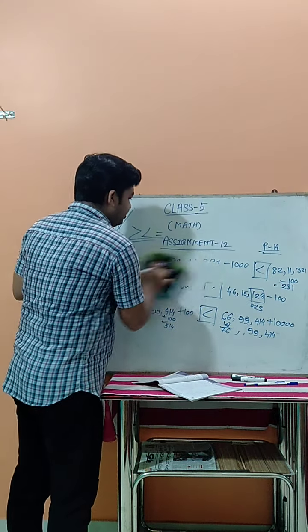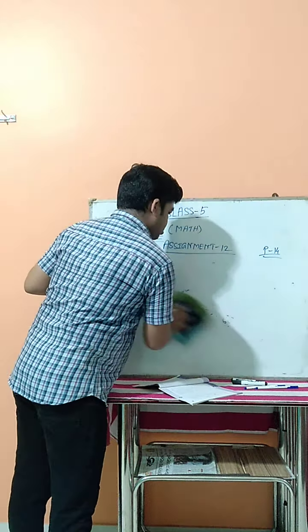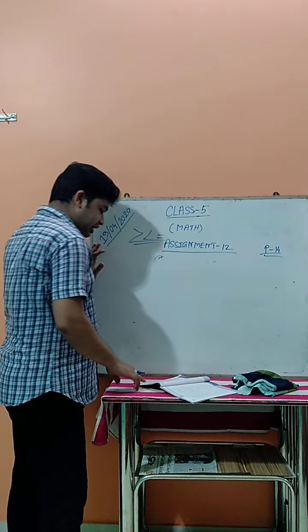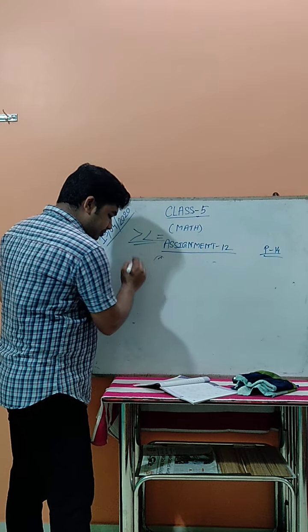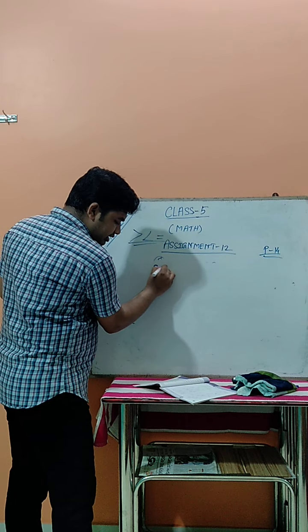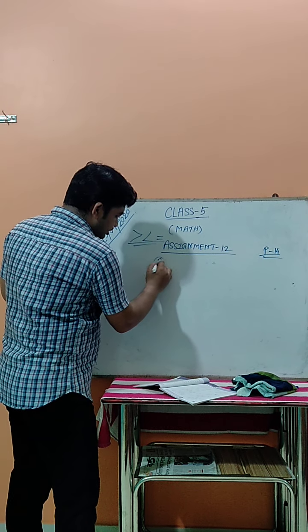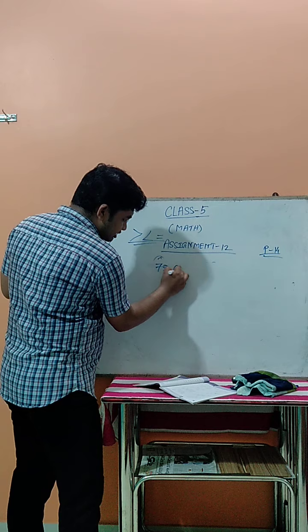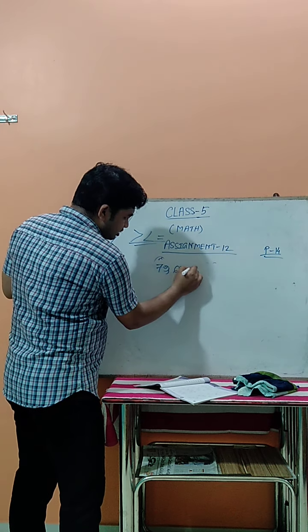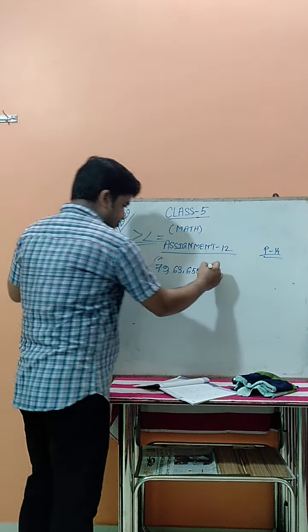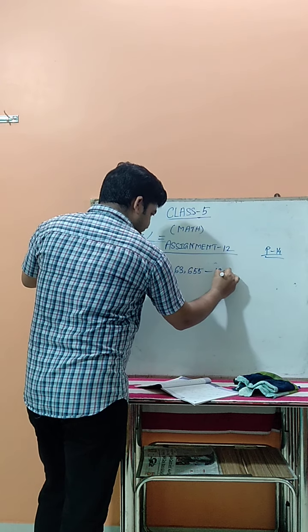The next is given 79 lakh 63,655 minus 100.